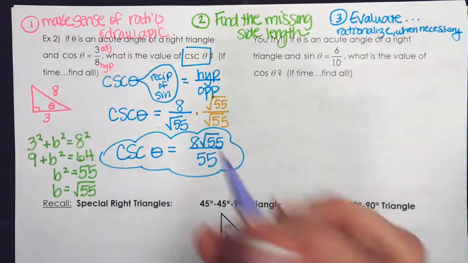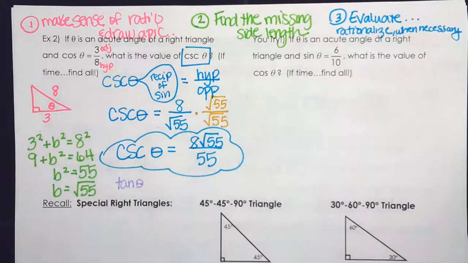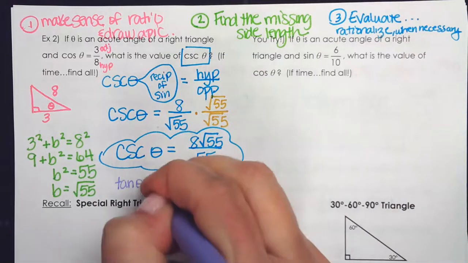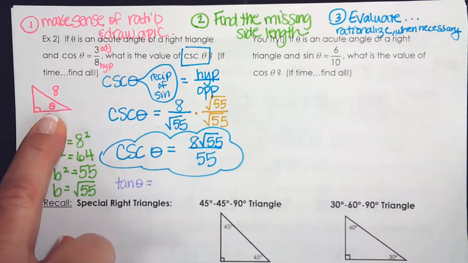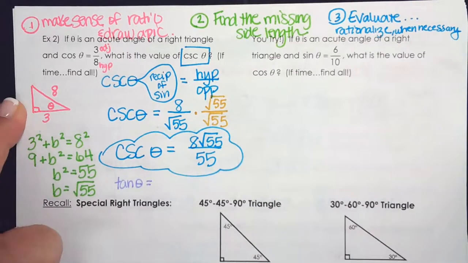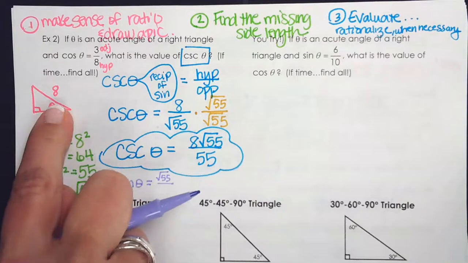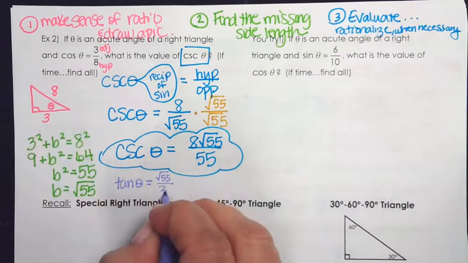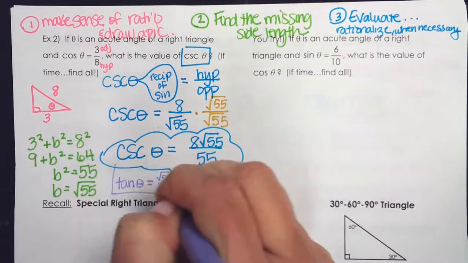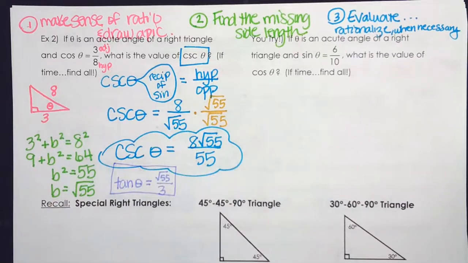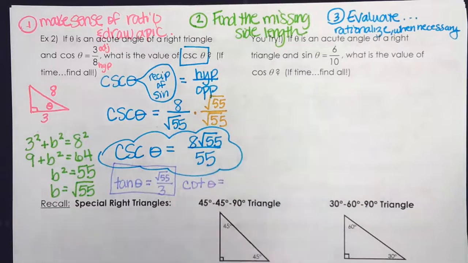Let's say that I was asked for the tangent of theta. What would the tangent of theta be in this question? We would take the opposite, which is root 55, over the adjacent, which is 3. We don't have a radical in the denominator, so that would be just fine. What if I had the cotangent of theta, however?